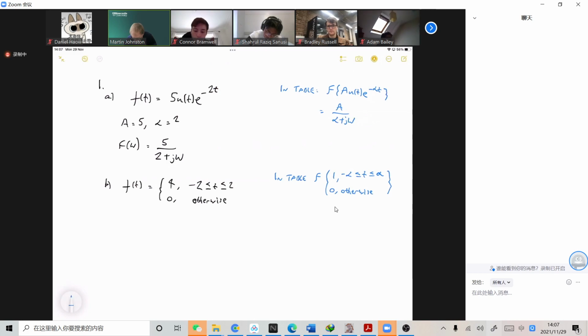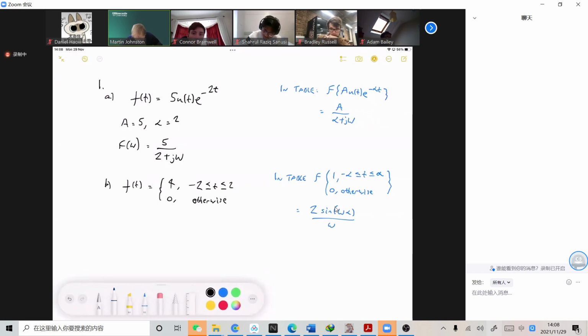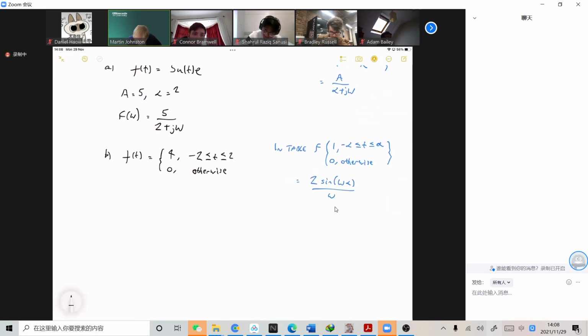We see that the Fourier transform of a general rectangular pulse between t equals minus alpha and alpha is given by, from the table, 2 sine omega alpha over omega. Of course, in this case, alpha is equal to 2.